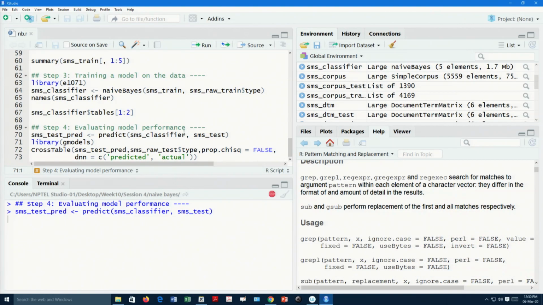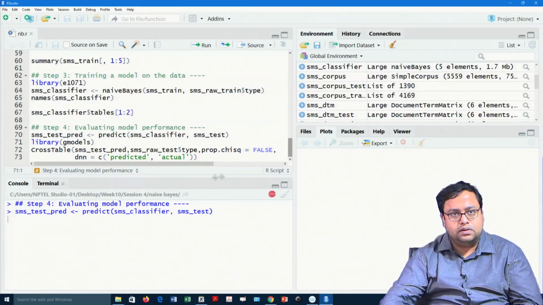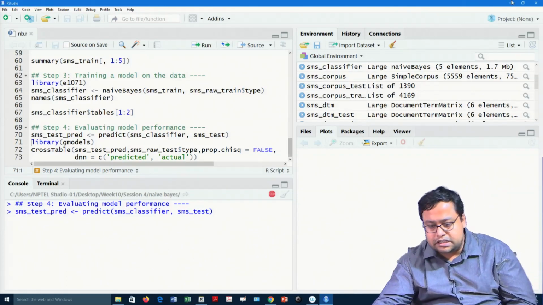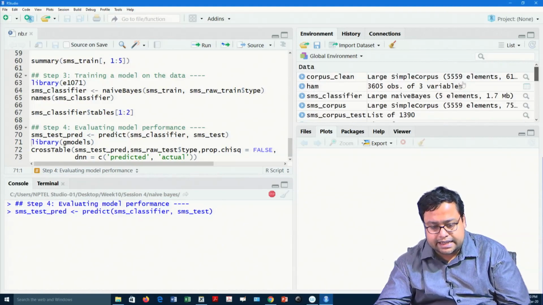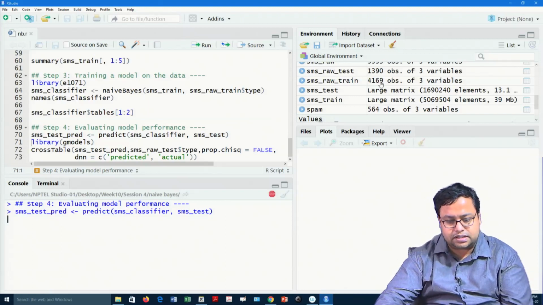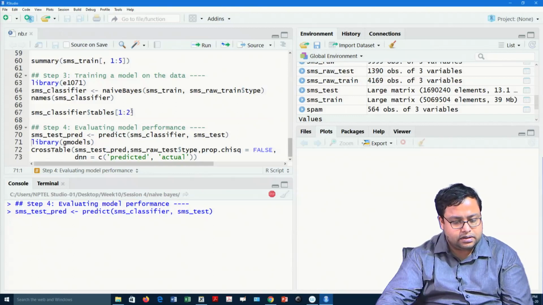We are handling a pretty large data set, 5000 messages. Even if it takes 30 or 40 seconds, that is good enough. Right now it is predicting for the testing data only. SMS test has around 1390 observations and there are 1216 variables.